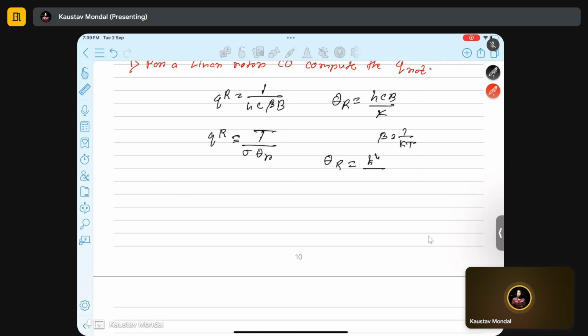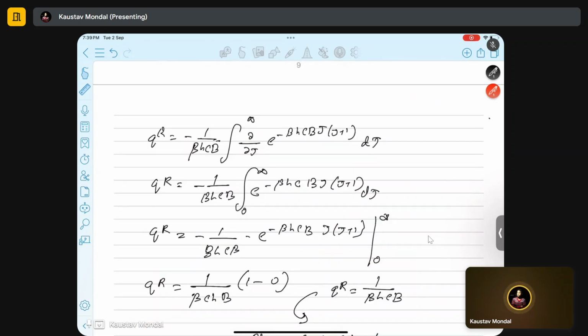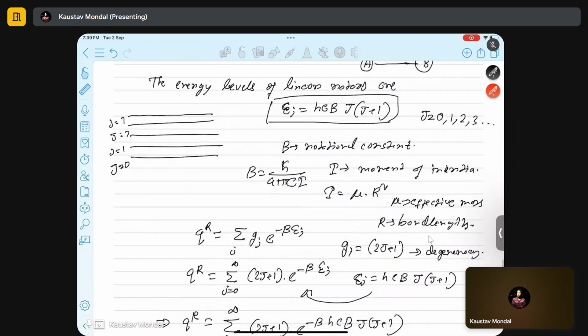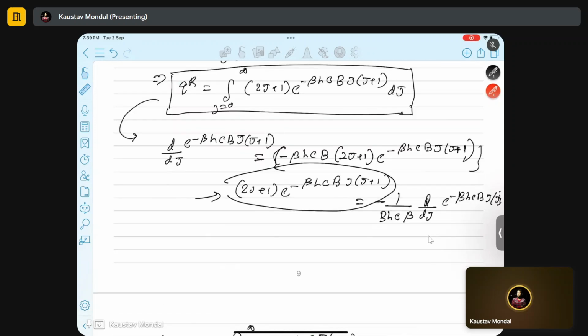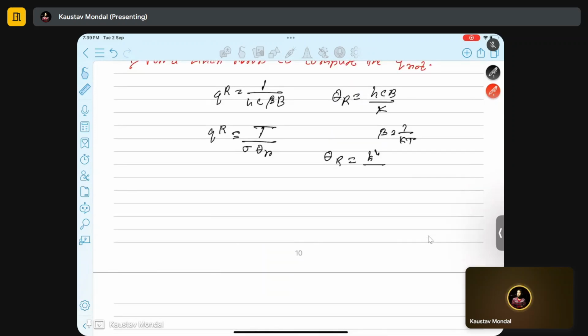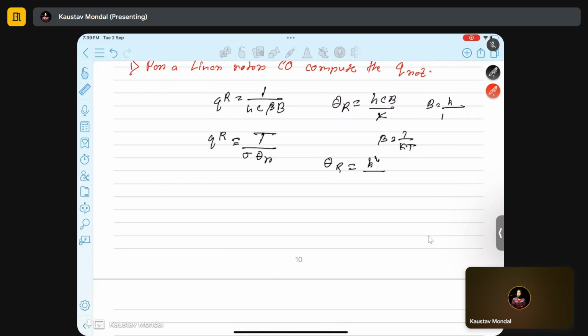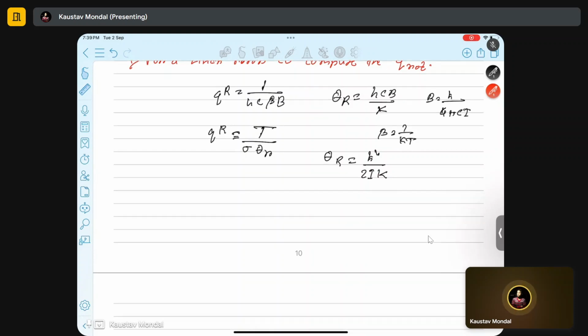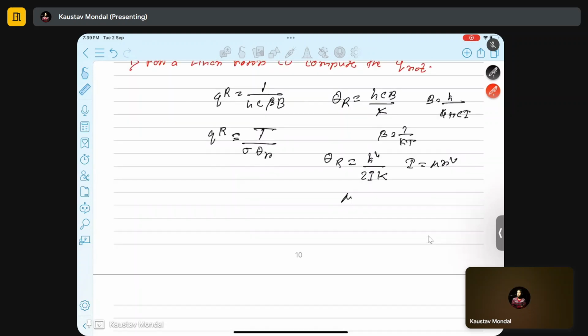If you substitute the expression of B, which we know is B equal to h cut by 4 pi c I, then you get the expression of theta as h cut squared by 2 I K_B, where K_B is the Boltzmann constant and I is mu r squared. Mu is the reduced mass.